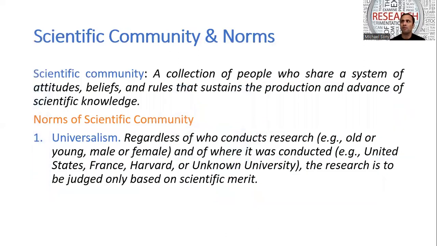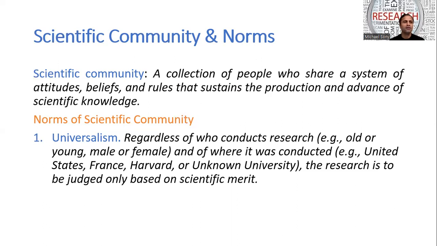There are norms of the scientific community. You, being a researcher or a scientist, have to adhere to these norms. The first norm is universalism. It shows that regardless of where the research was conducted, who is conducting the research, when it was conducted, and so on, we are not going to be carried away with these particular titles and terminologies.